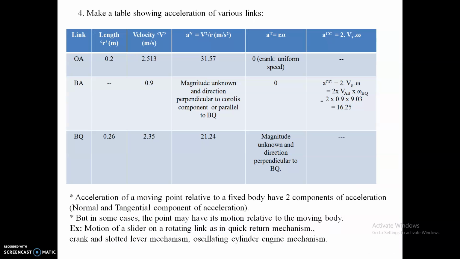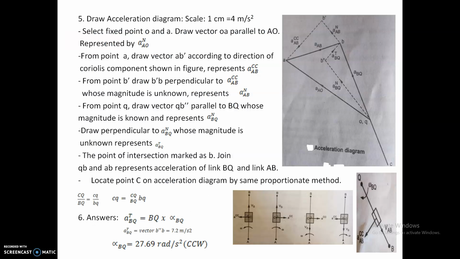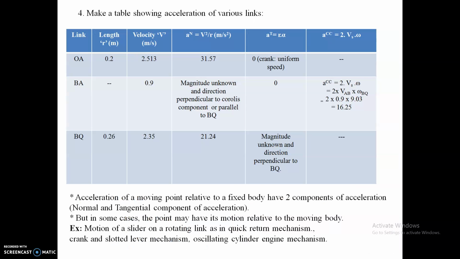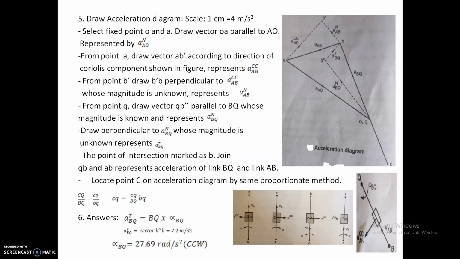Again, we have to find the normal component for the crank. It comes to 31.57. Based on that value, you take the scale 1 centimeter equal to 4 meter per second square. You locate the fixed point O and A. Then draw the vector OA, which is parallel to AO given in the space diagram, which is the normal component of AO.